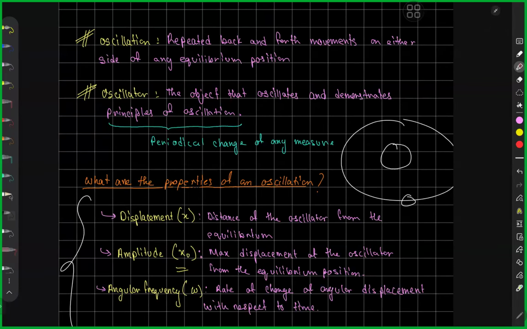When I said this as a periodical motion, right? It's true, it's a period, 365 days, 24 hours, but is this really an oscillation though? Based on this definition, is there any equilibrium position over here? No. So is this an oscillation? No. Exactly.